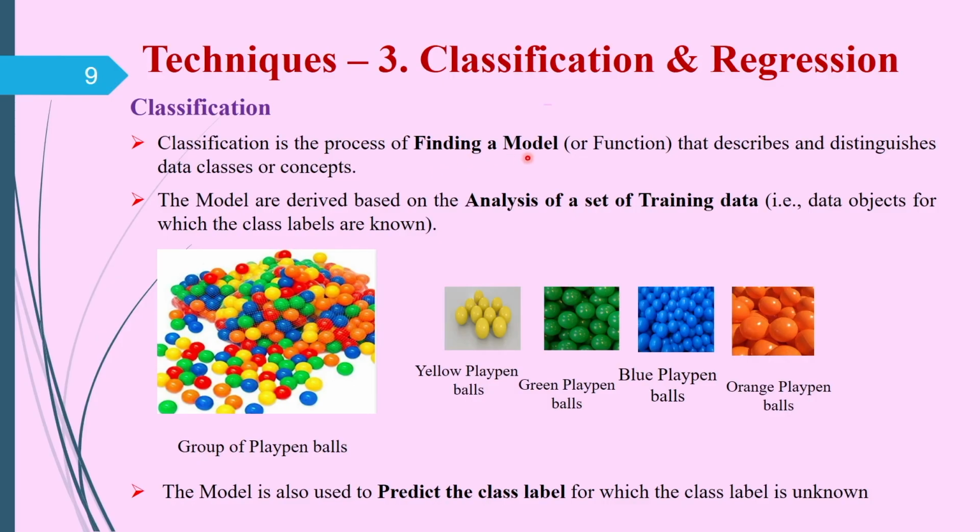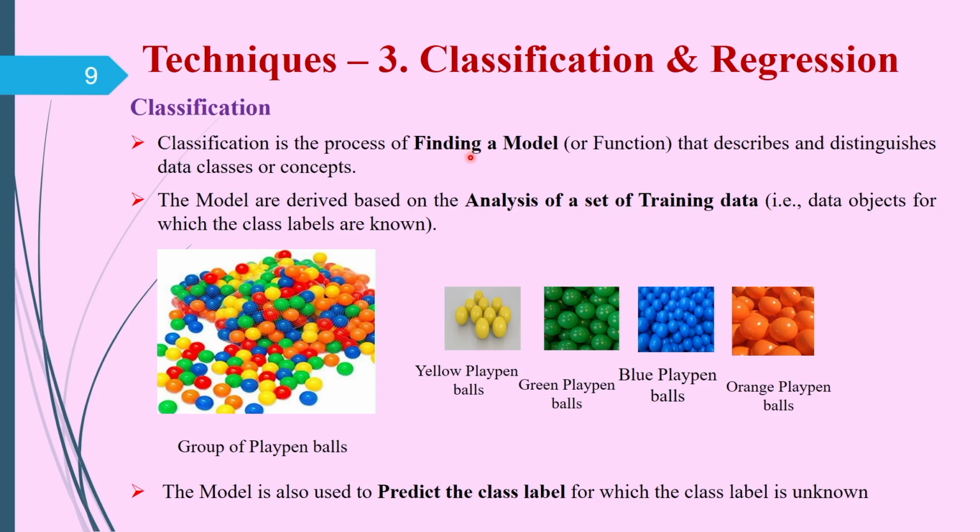The next technique is classification and regression. This is another interesting method where we derive a model or a function which describes and distinguishes between different classes and concepts. The models are derived based on the analysis of data. Consider this diagram: there is a huge set of balls available with different colors.